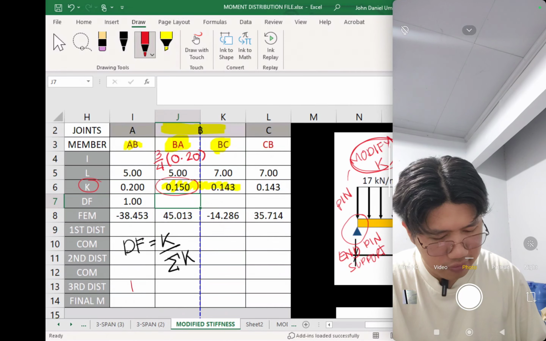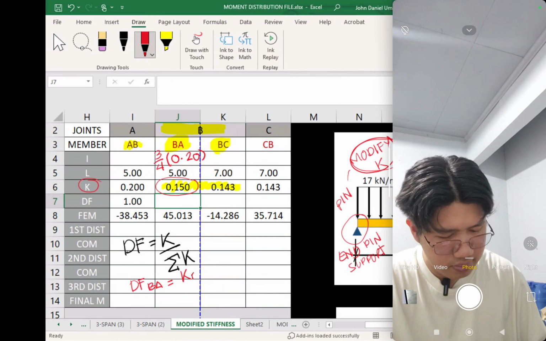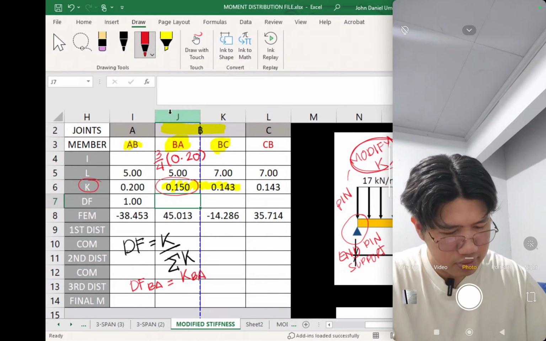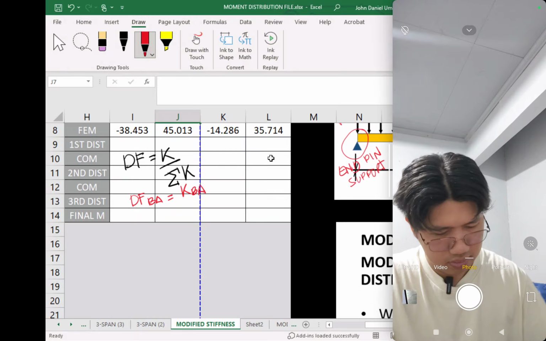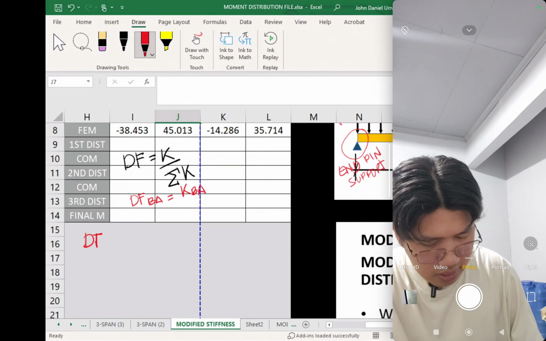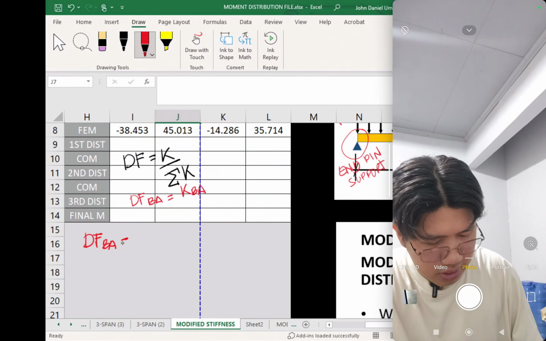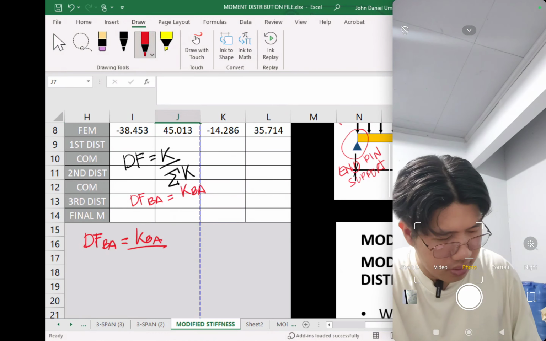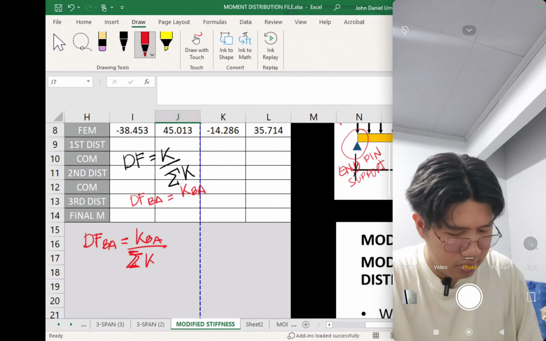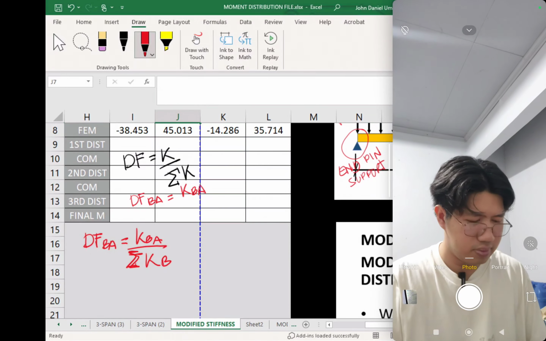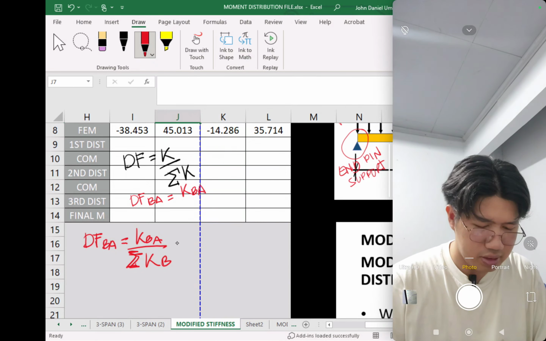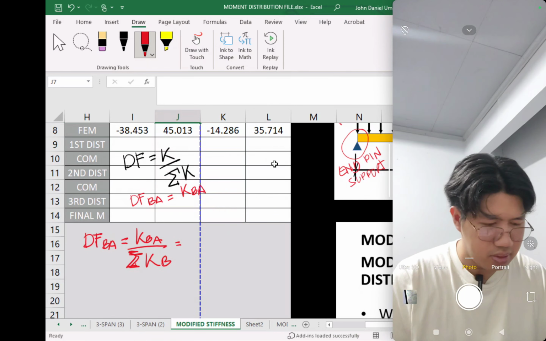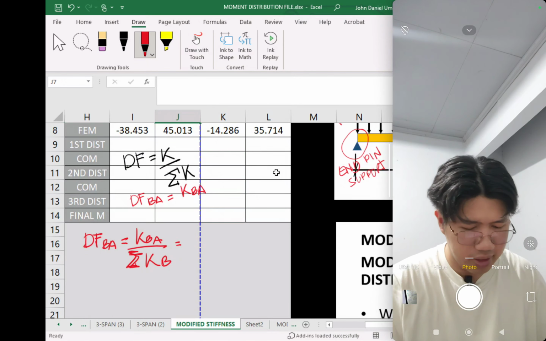So ibig sabihin, the DFBA is KBA over summation KB. So that is equals to 0.150.